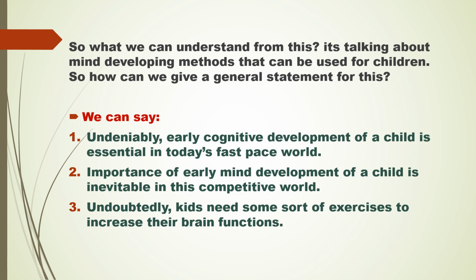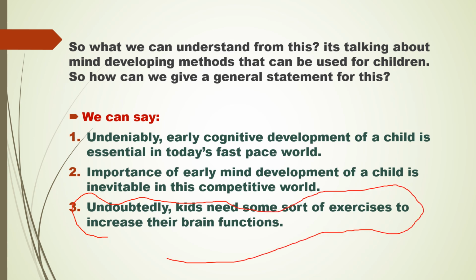Okay, so these are three topic sentences, you can say general sentences, but the best one is this, the one that describes our question best. It says, undoubtedly, kids need some sort of exercise like board and puzzle games to increase their brain functions.